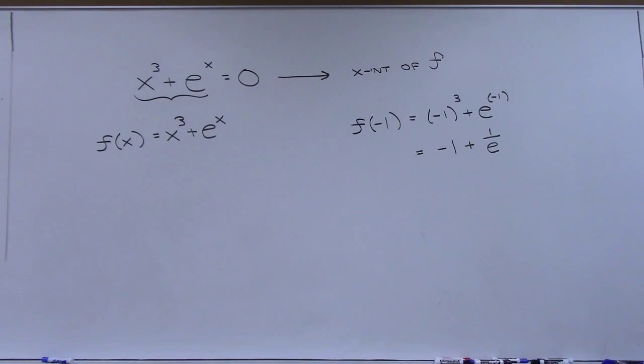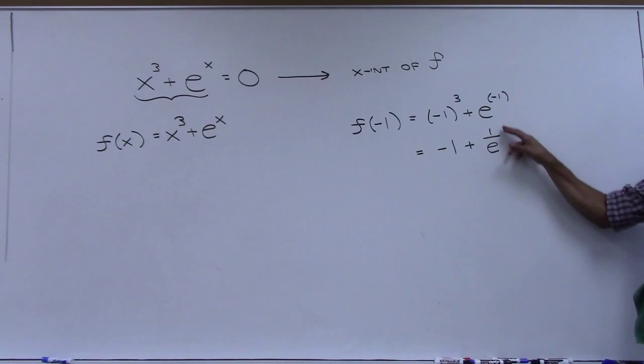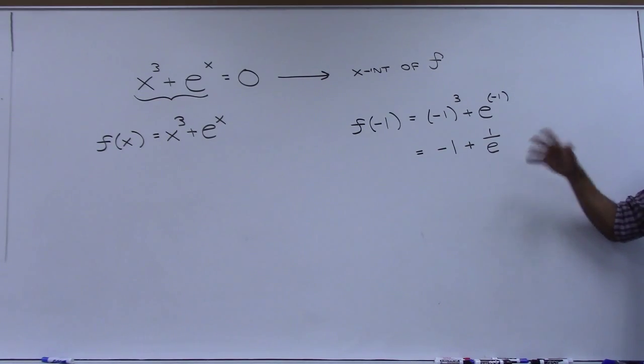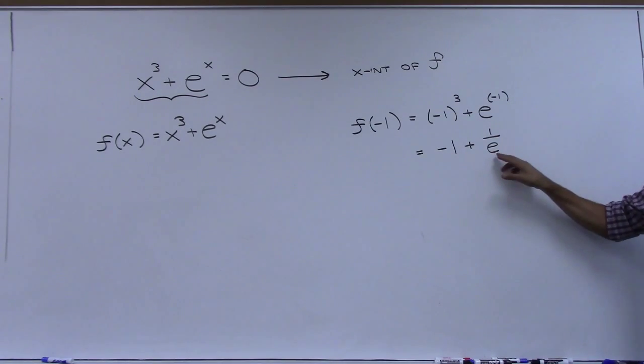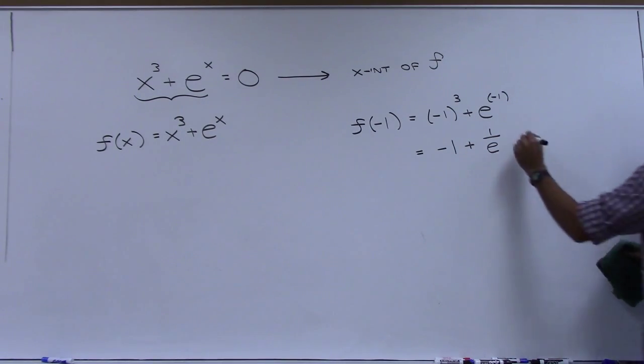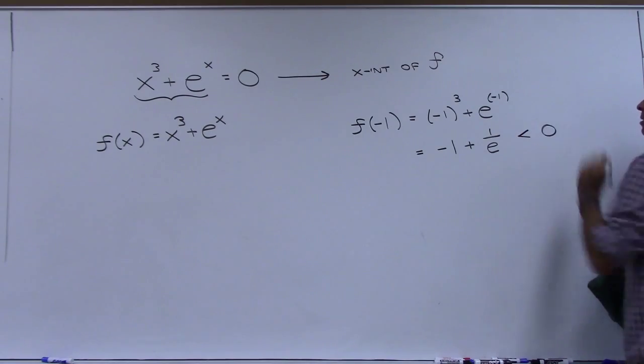That's not 0, is it? But is it positive or negative? It's negative. 1 over e is 1 divided by about 2.718, which is smaller than 1. So if I add -1 to it, this should be a negative number. Does everyone agree that's less than 0?